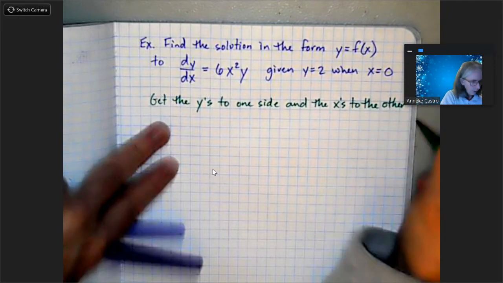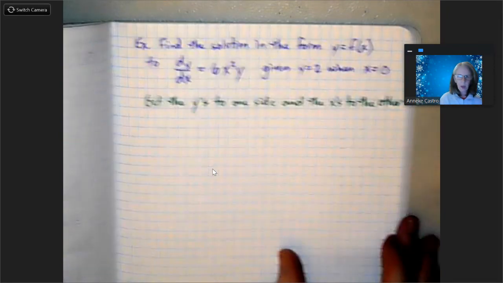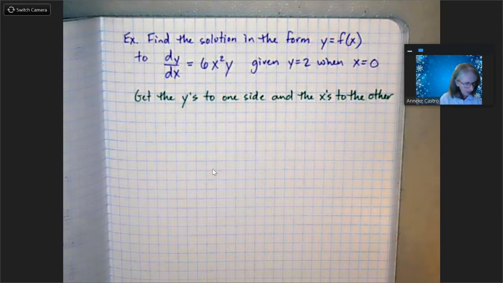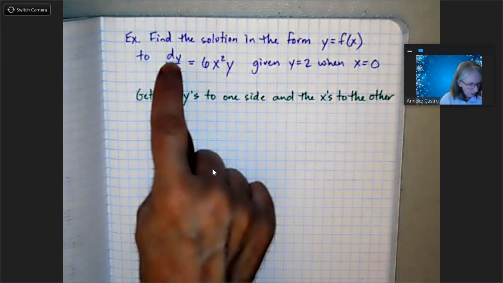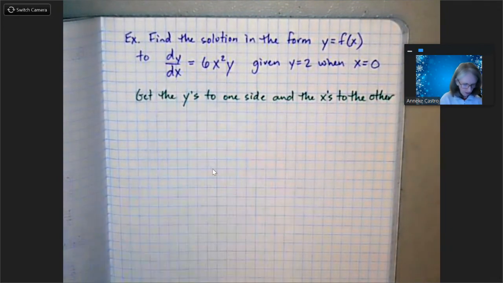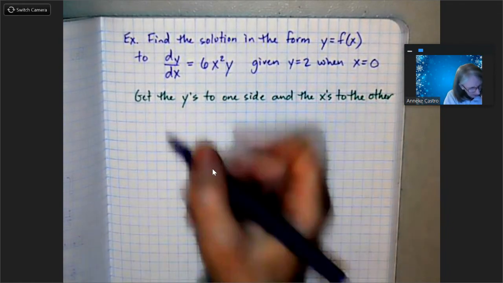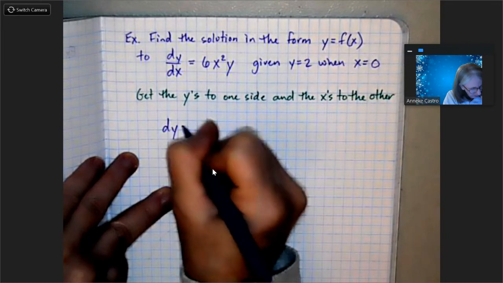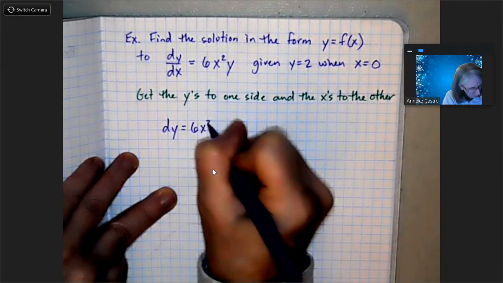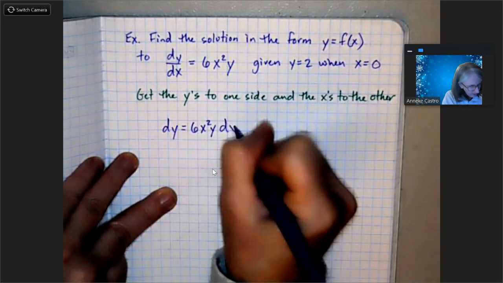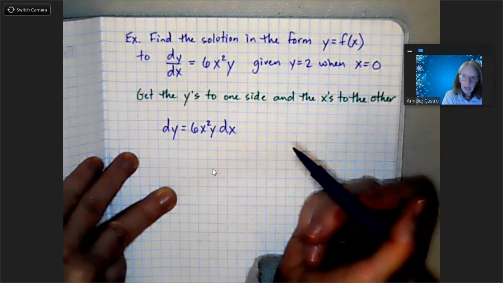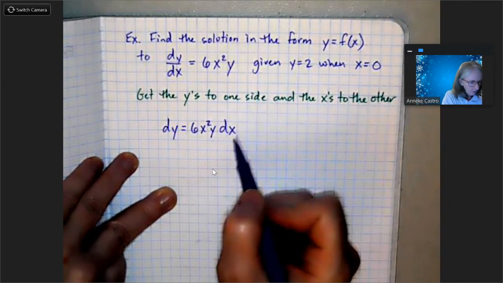We're going to separate them, make them part ways. In order to get dy by itself here, I'm going to multiply both sides by dx. So I'm going to move the dx over here, and I'm left with dy is equal to 6x squared y dx. I've just multiplied both sides of the equation by dx, so the dx ends up over here.